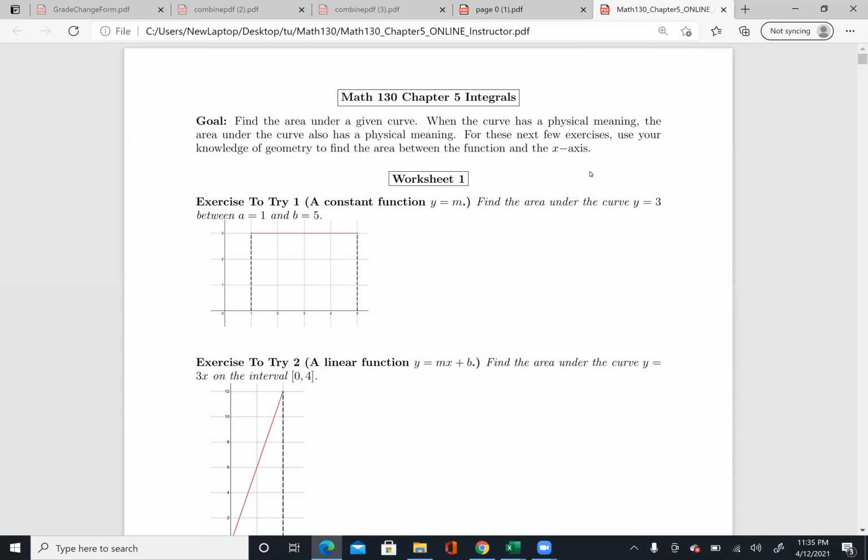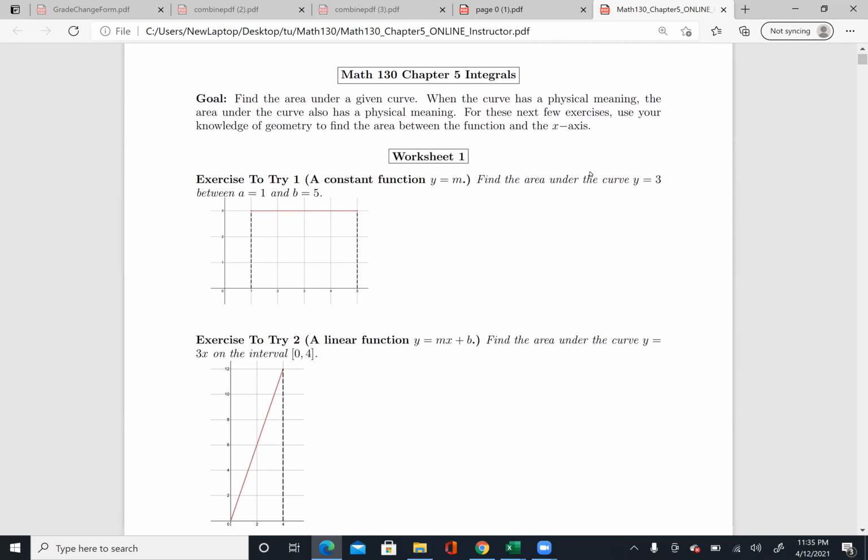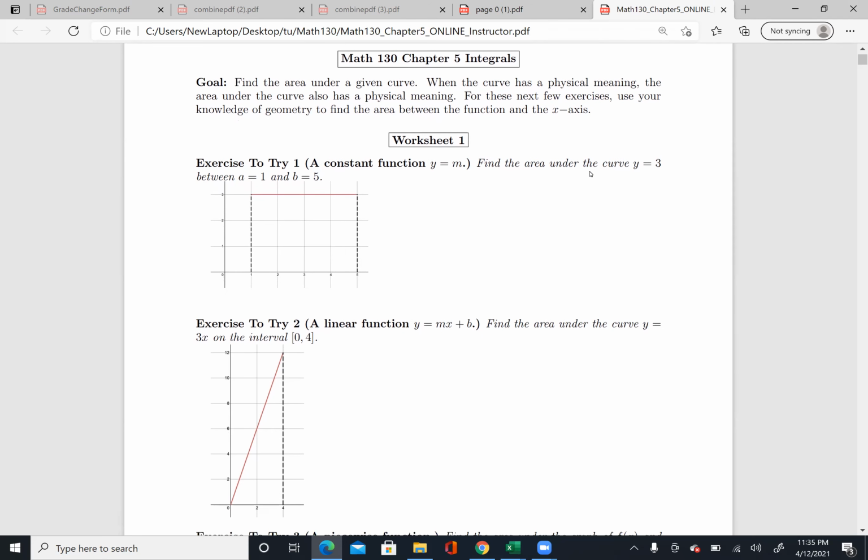Hi everyone. Today I will start to work on chapter 5, the integrals. In this topic, I also want to cover section 4.9 in all of this information below.